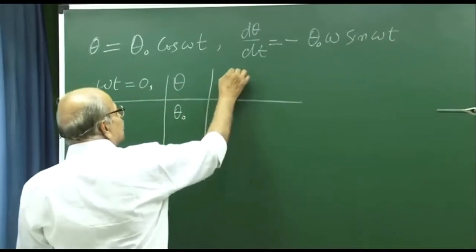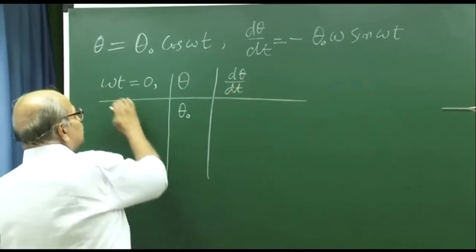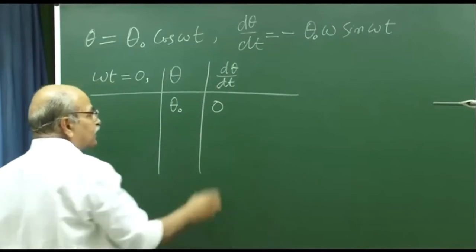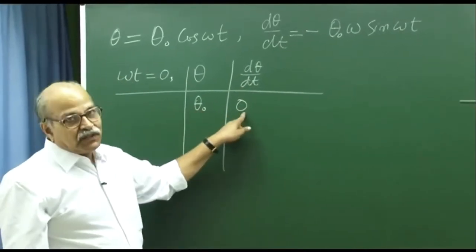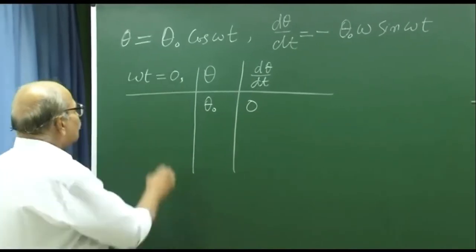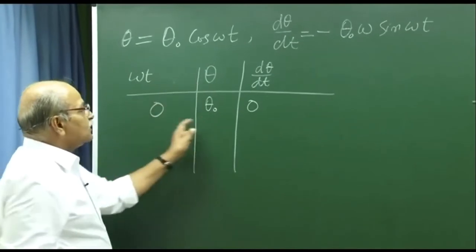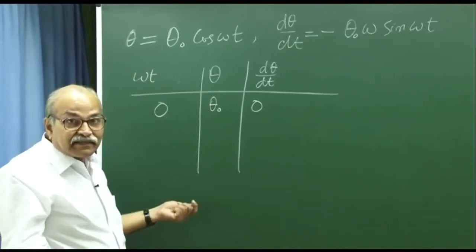If omega t is 0, sine 0 is 0, so this is 0. Correct. Once it is at the extreme position, the velocity should be 0. So, just by giving that value of omega t, which is 0 here, you get the position, you get the velocity, so the phase is decided.